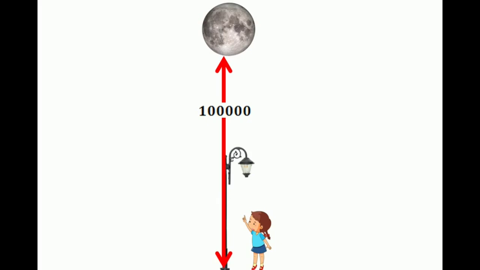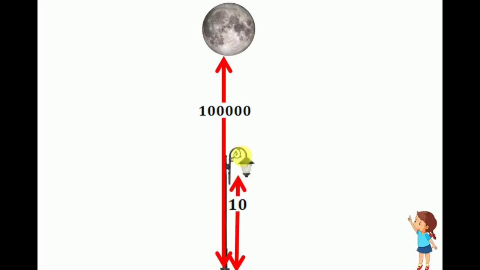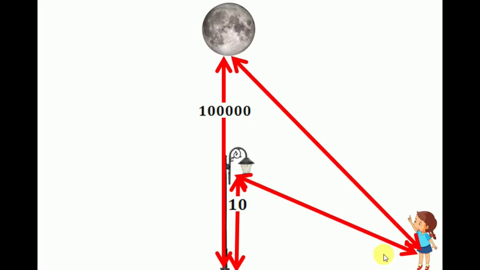Here I am considering a moon, a lamppost, and someone who is observing the moon. Suppose the distance of the moon is 1 lakh some units and the distance of this lamp is 10 units. Suppose she shifts to this position and her distance from the lamppost is 15 meter and her distance from the moon is 1 lakh 5 meter.